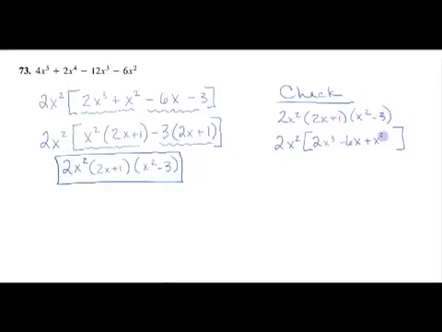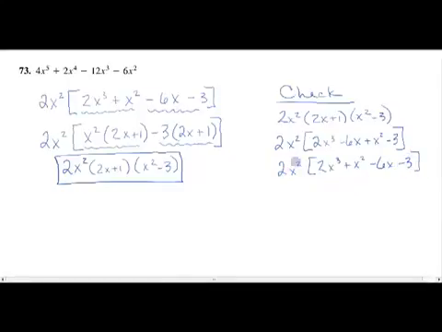And 1 times negative 3 is negative 3. Now I don't have any like terms to put together, but I can put those in descending order. So it's 2x cubed plus x squared minus 6x minus 3.